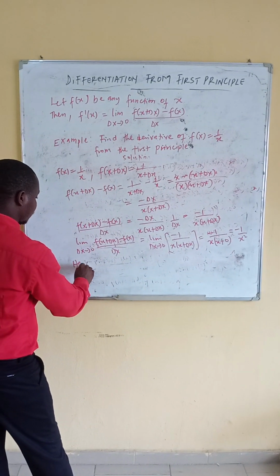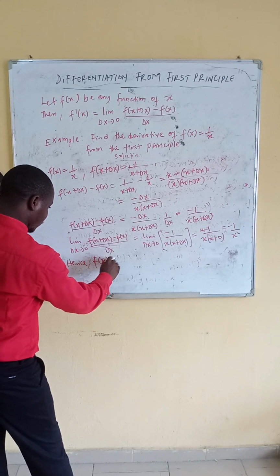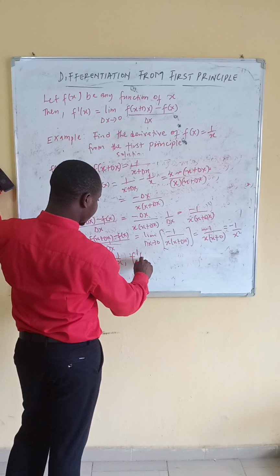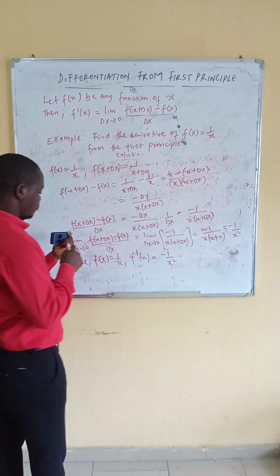Hence, if f of x is given as 1 over x, f prime of x will be minus 1 over x squared.